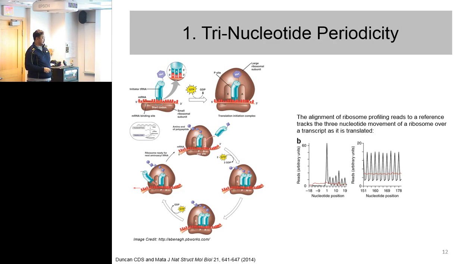So in black here, that's ribosome profiling. When you do the same thing with mRNA seq library reads aligned to the transcriptome, you don't see that same periodicity signal. And so this idea forms the basis of our algorithm.